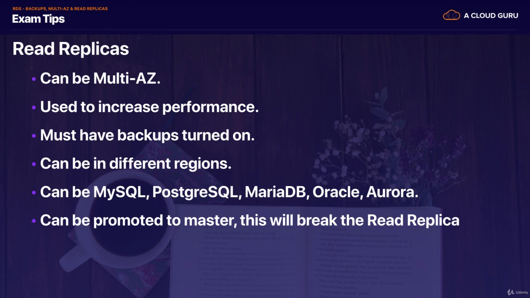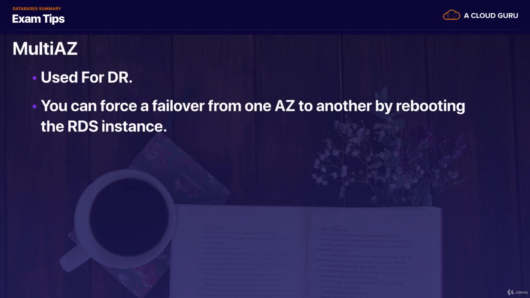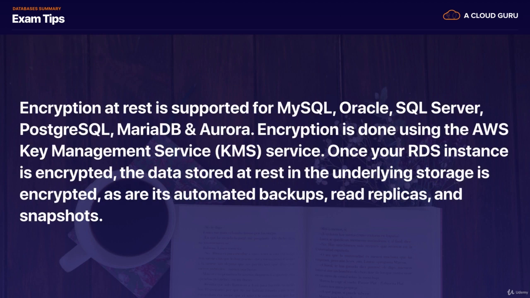And remember that read replicas can be promoted to a master, but when you do this, it's going to break the read replica. So it's going to break the replication. Remember that multi-AZ is used for DR only. It is not used for performance, and you can force a failover from one availability zone to another by rebooting the RDS instance.